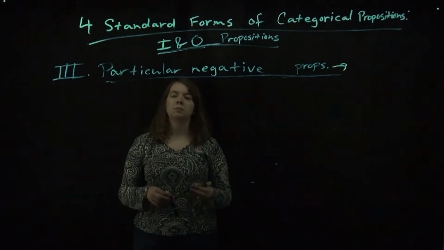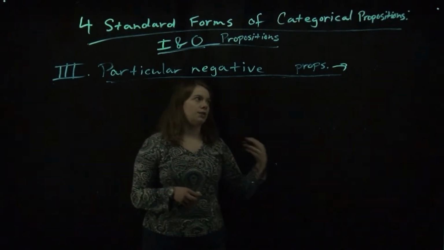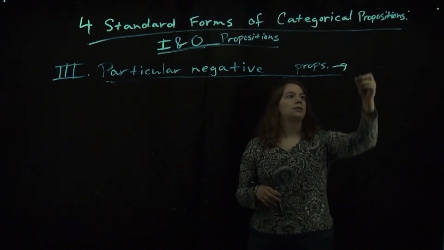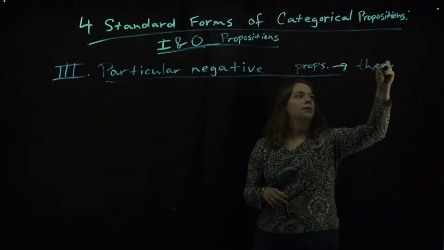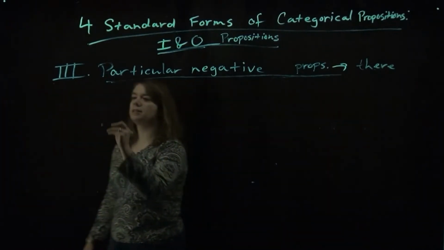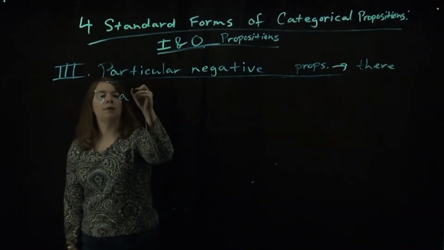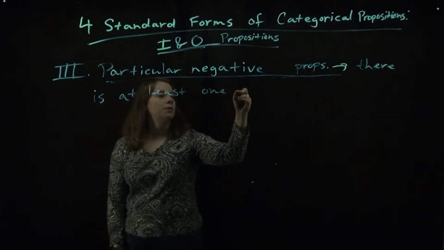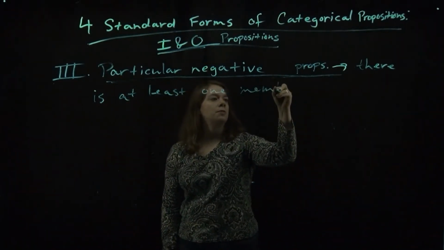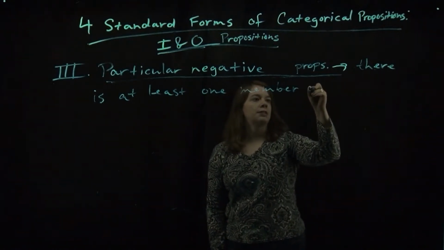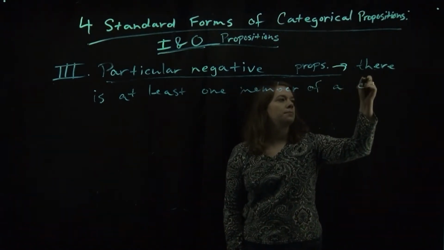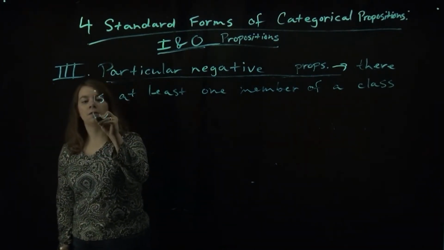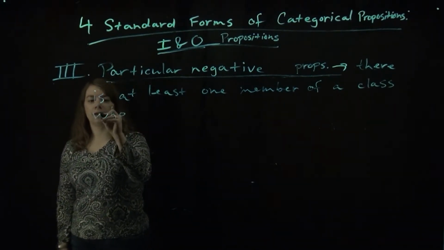With these particular kinds of propositions, what we're basically saying is there is at least one member of a class who is not a member of the other class.